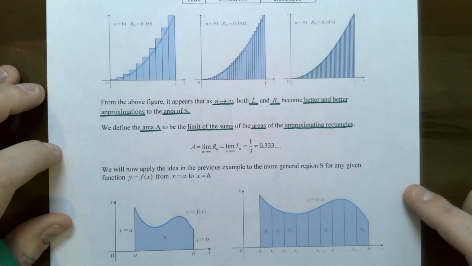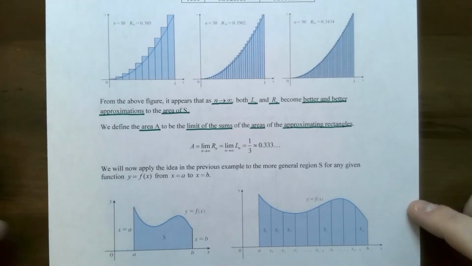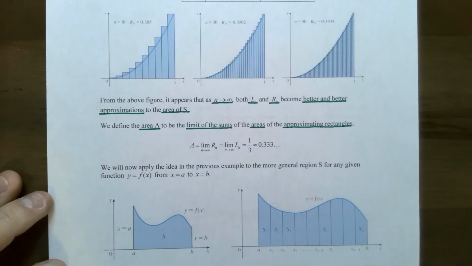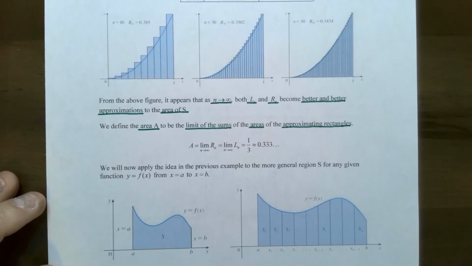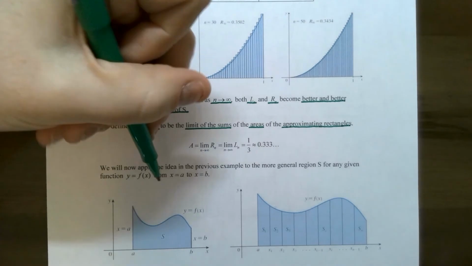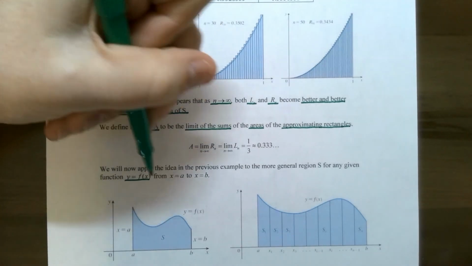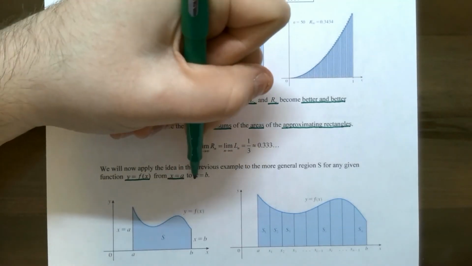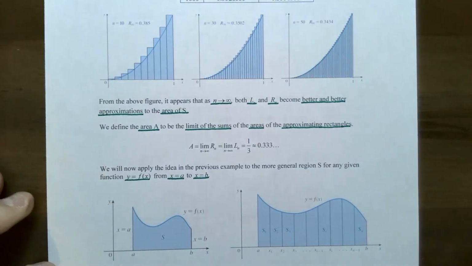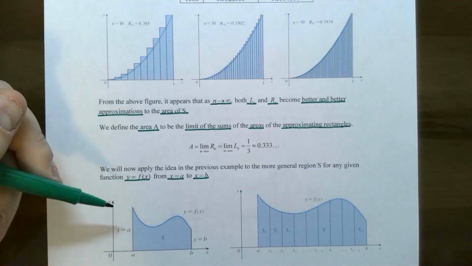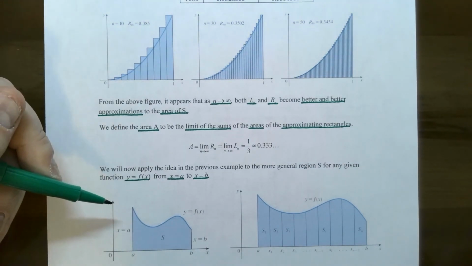So now we're going to apply the idea from the previous example to a more general region S. So we're not always going to be doing quadratic functions. We're going to have a general function y equals f of x. The area will start at x equals a, it will end at the vertical line x equals b, and it may or may not be above the x-axis.